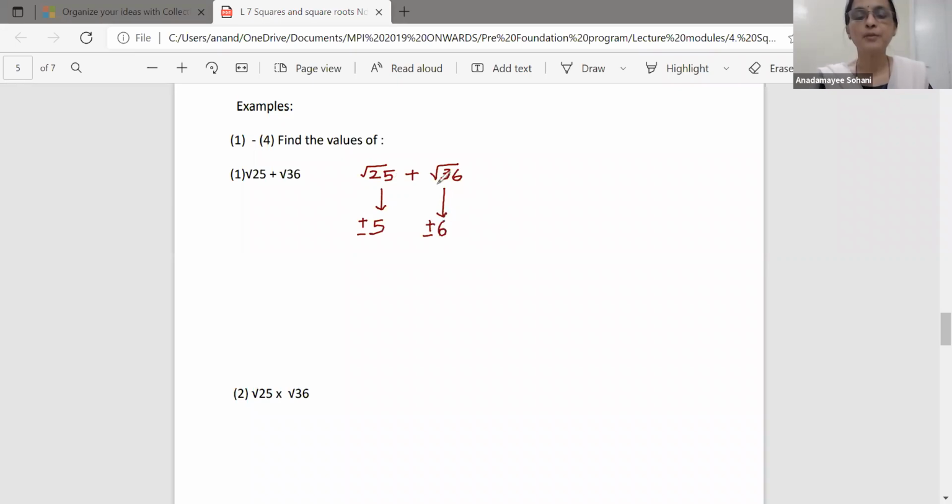So root 25 plus root 36 can be plus 5 plus 6, minus 5 minus 6, plus 5 minus 6 or minus 5 plus 6, any combination. So I will have 4 answers ideally over here.